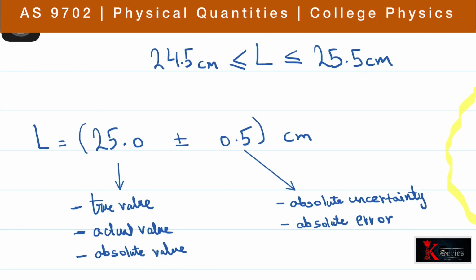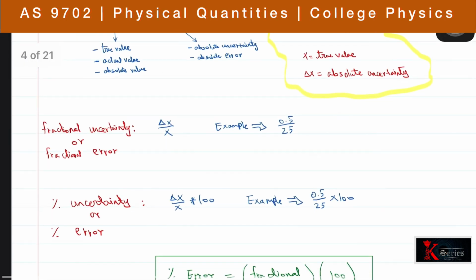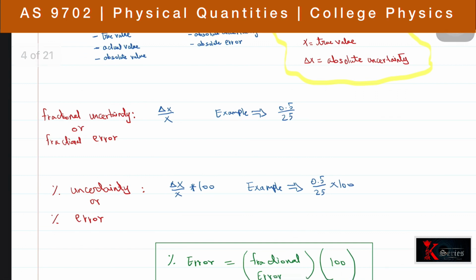Right. Moving on to fractional uncertainty or fractional error. So what is the fractional uncertainty or fractional error? To find the fractional uncertainty, we take change in x upon x. For example, above we were given that 0.5 was the absolute uncertainty, right? So we'll take it as 0.5 upon 25.